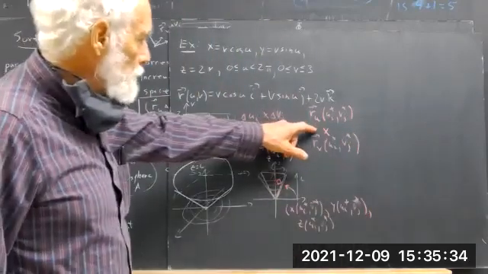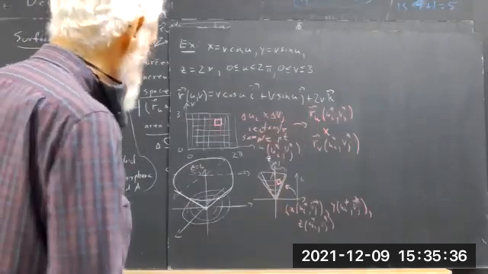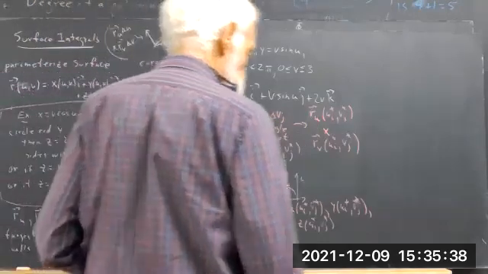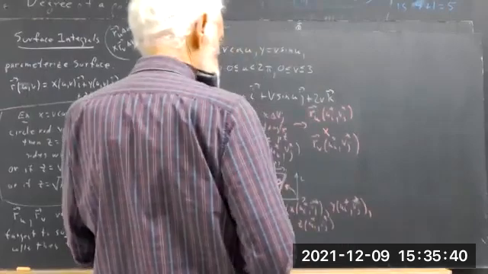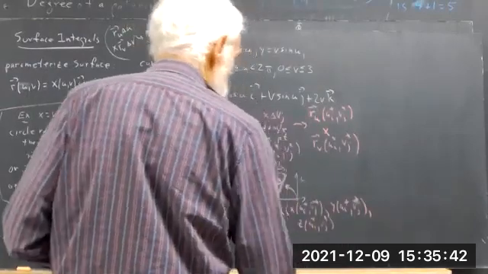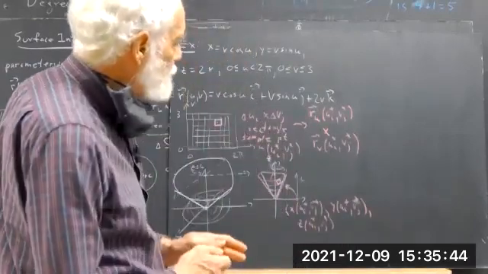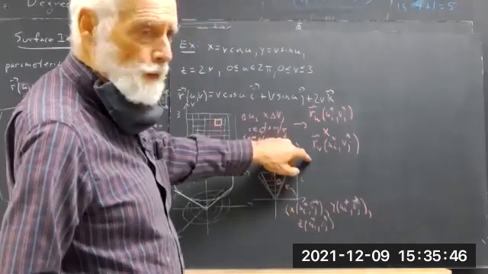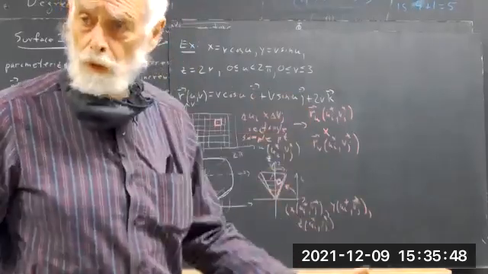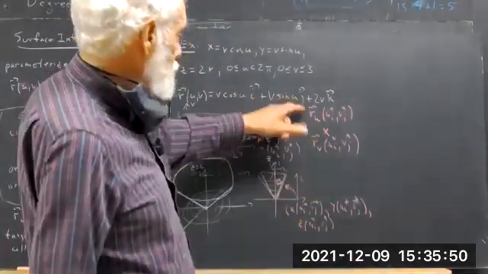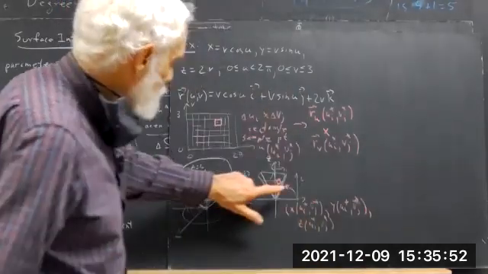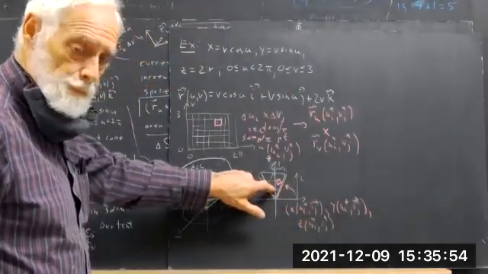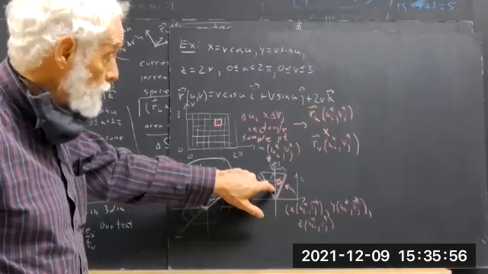Now, this is not a multiplication, these are dimensions. RU and RV cannot be considered mutually perpendicular. RU and RV are tangent to the actual surface here.